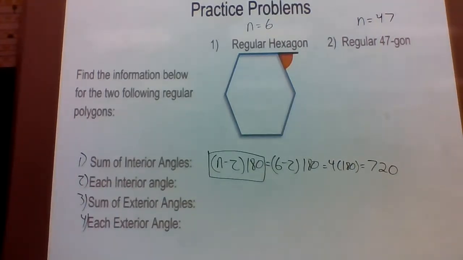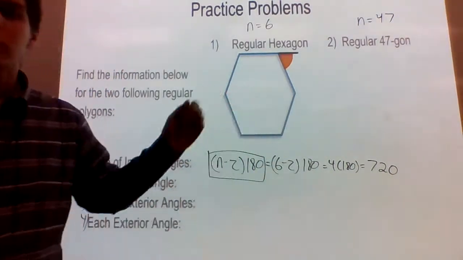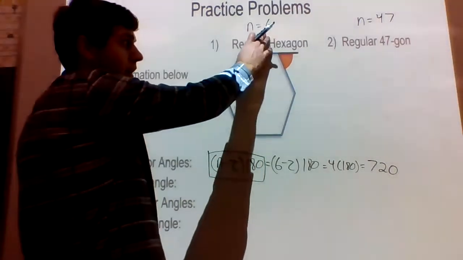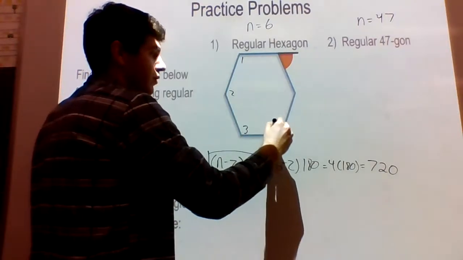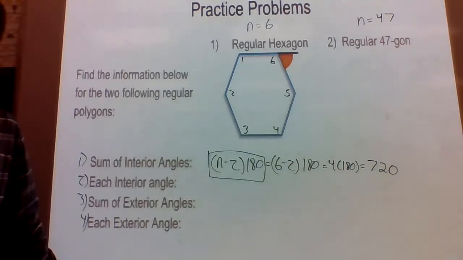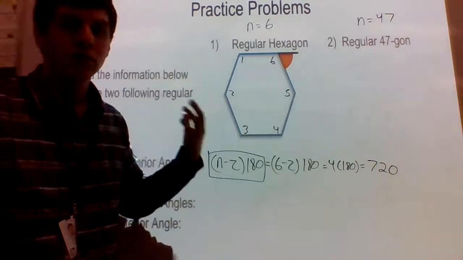Okay. Each interior angle, again, without looking at the formula, we can just reason this out. If the sum of the interior angles is 720, and there are 6 angles, 1, 2, 3, 4, 5, 6 angles, and those 6 angles added together is 720. Since it's a regular hexagon, all those angles are the same.